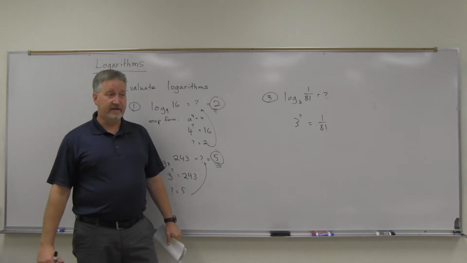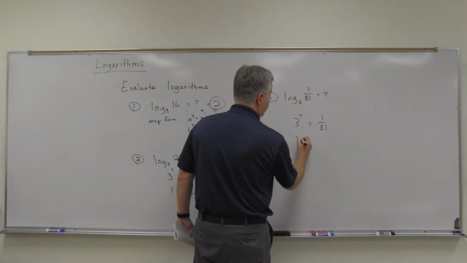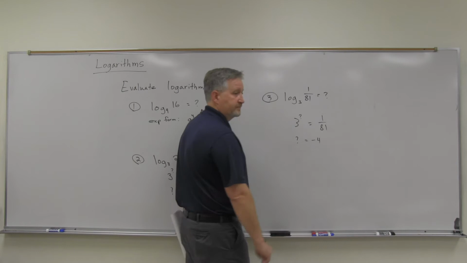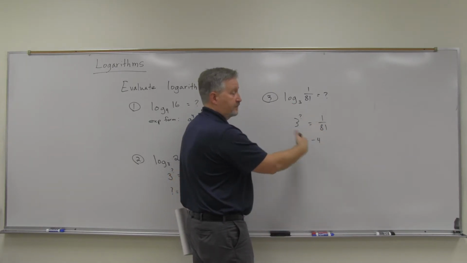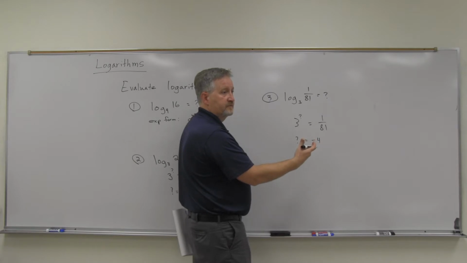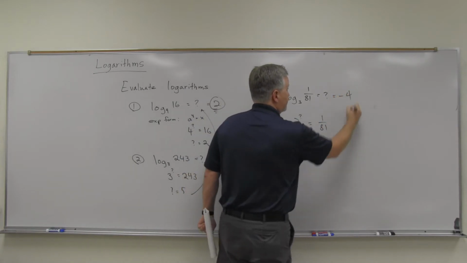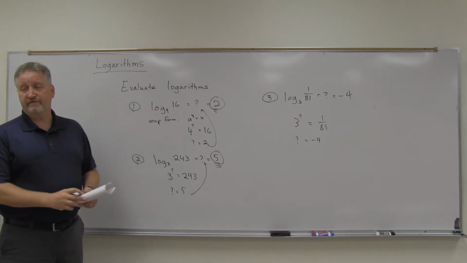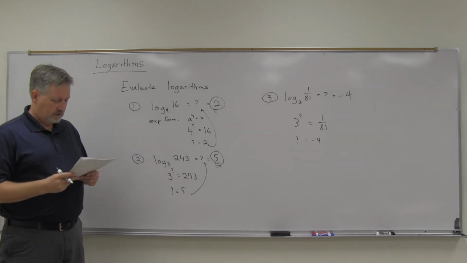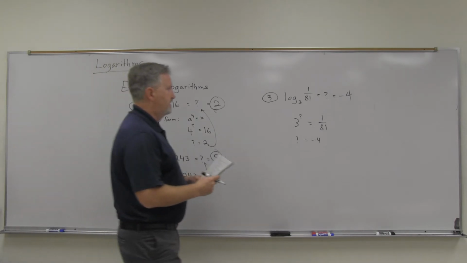Like you said, make it a negative power. So the power here needs to be negative 4, doesn't it? The 4th power gives me 81. The negative 4 makes it flip over. This logarithm is negative 4, okay?